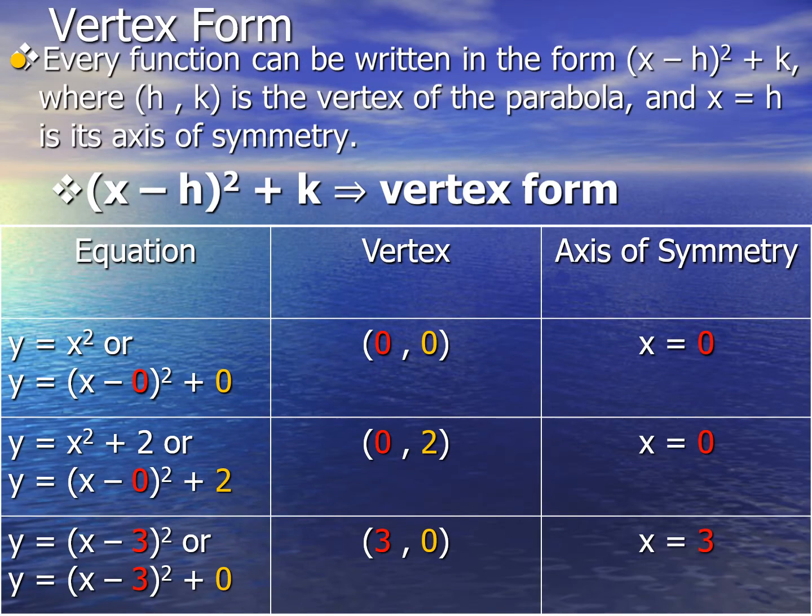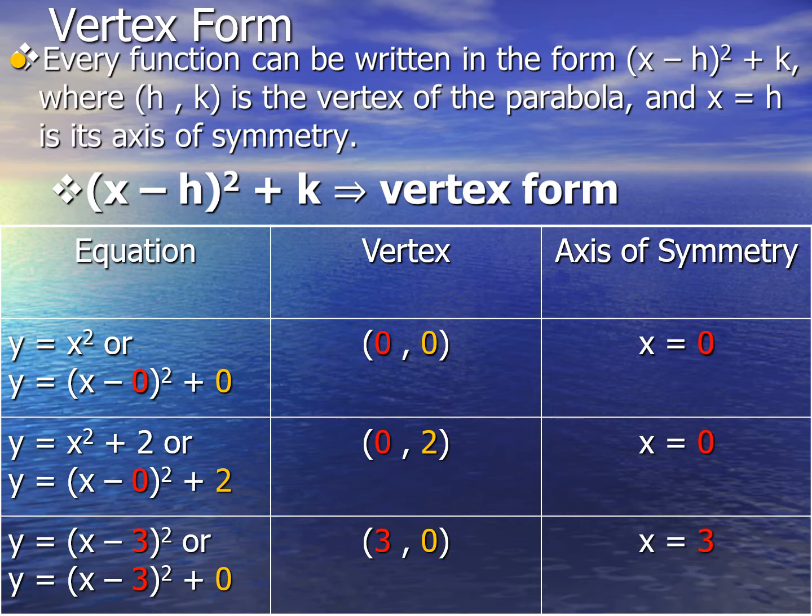So every function can be written in the form (x minus h) squared plus k, where (h, k) is the vertex of the parabola and x equals h is its axis of symmetry. So (x minus h) squared plus k is the vertex form, okay?